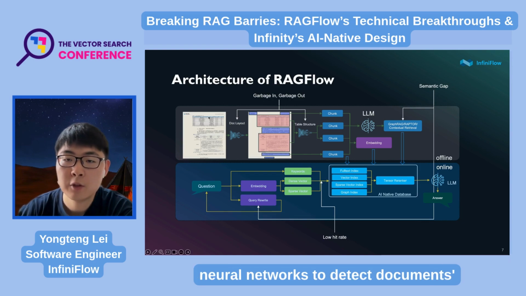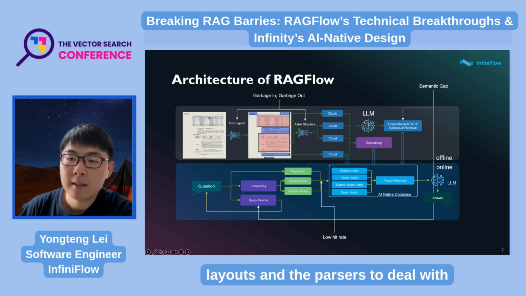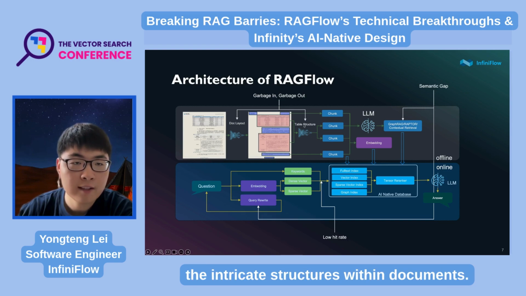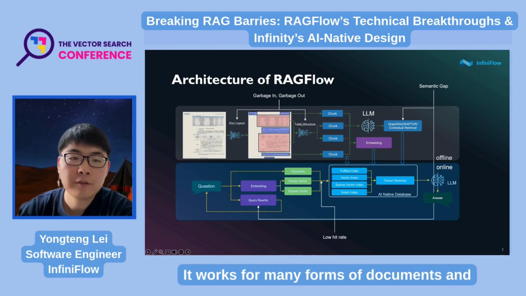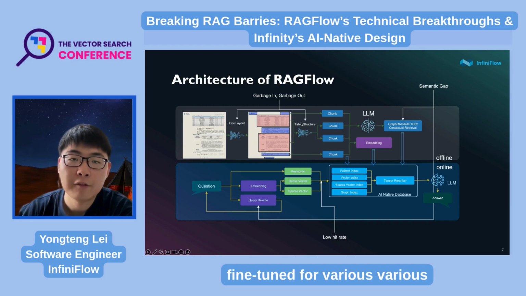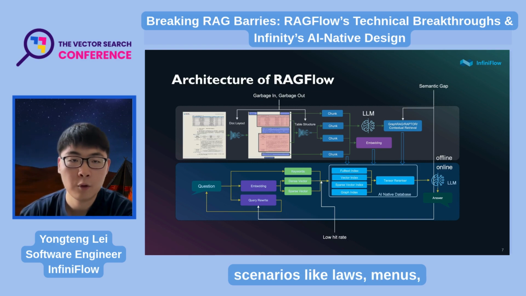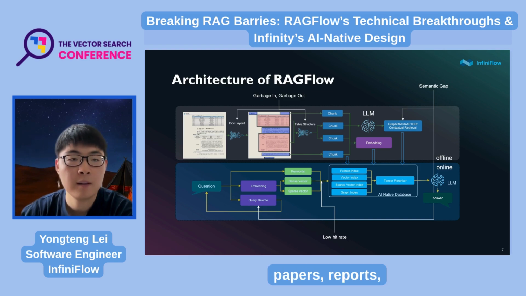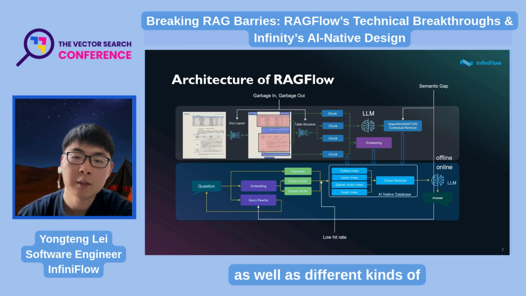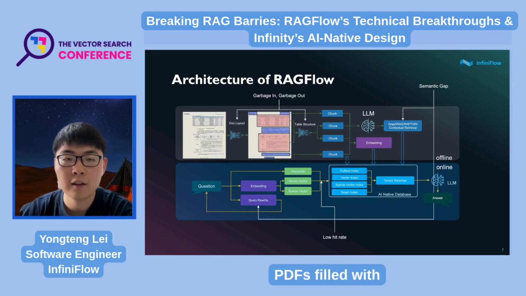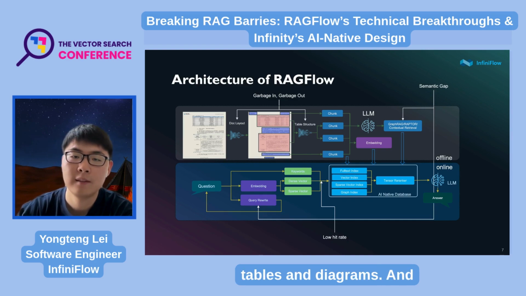The first part, neural networks to detect document layouts, and the parsers to deal with the intricate structures within the document. It works for many forms of documents and is fine-tuned for various scenarios like laws, manuals, papers, reports, as well as different kinds of PDFs filled with tables and diagrams.